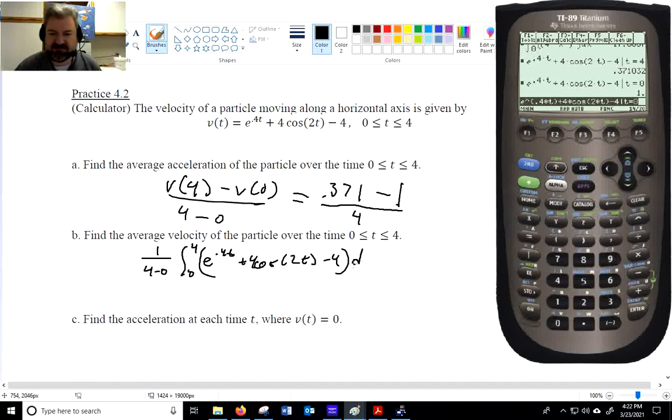All that times dt. And we can just easily type that in the calculator. 1 divided by 4 times the integral of e to the 0.4t plus 4 times cosine of 2t minus 4 with respect to t from 0 to 4.